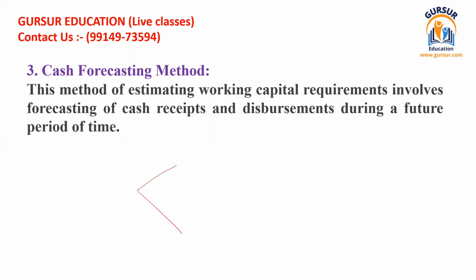For day-to-day operations, on the basis of your past experience, you know that there are some regular cash receipts and some regular cash payments. These are known as cash disbursements. Basically you need money for regular operations.